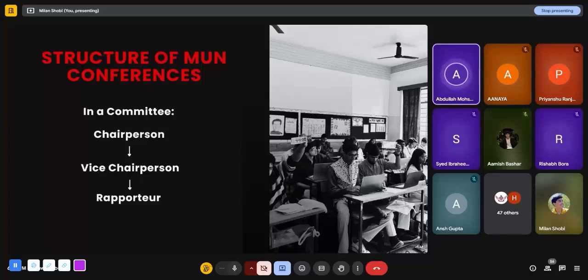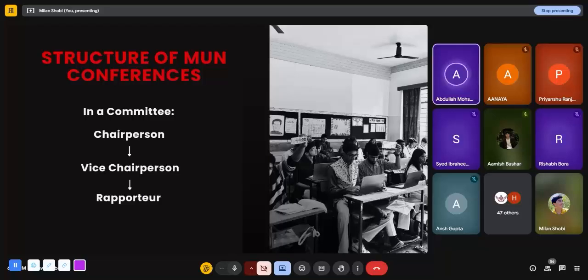The EB is the team that manages the whole session and makes sure things stay on track. It has three main members. Firstly, the chairperson. The chairperson is the head of the committee. They control the flow of the debate, decide who speaks when, and make sure everyone is following the rules. If you mess up or forget something, the chair is usually the one who guides you.